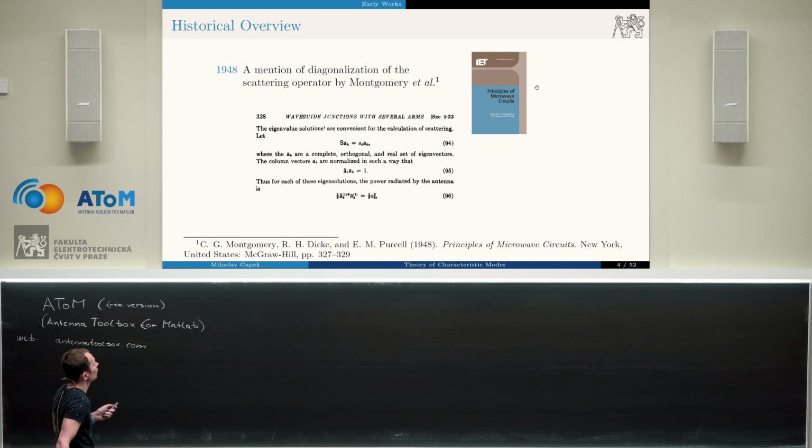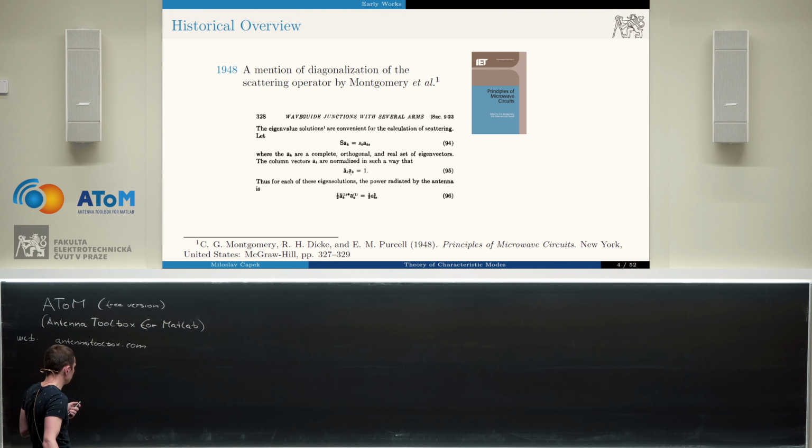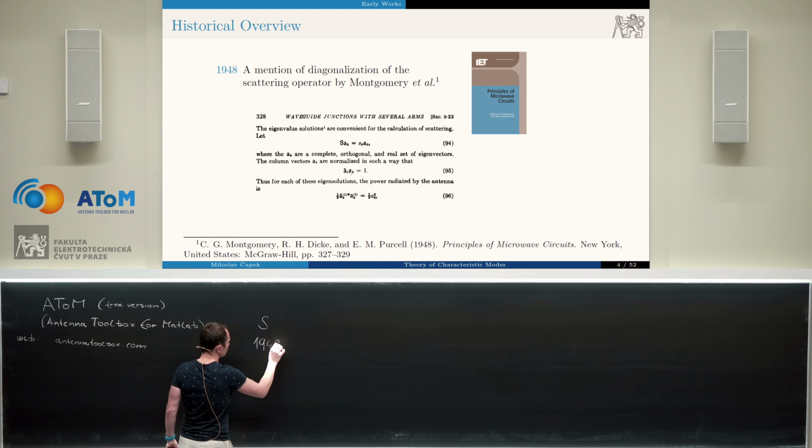If you look closely at it, you realize it is a proposal of how to decompose a scattering operator into modes being orthonormal in far fields. This is exactly what we typically want from a set we call characteristic modes. So for the scattering operator, it was in 1948.